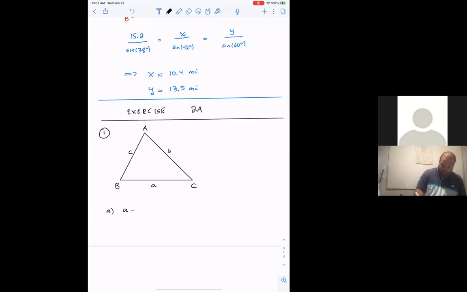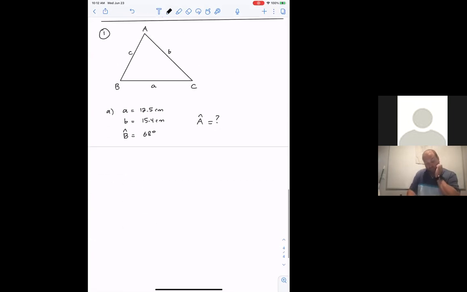So the first one says side a equals 12.5 centimeters, side b equals 15.4 centimeters, and angle B hat equals 68 degrees. And it says find A hat.